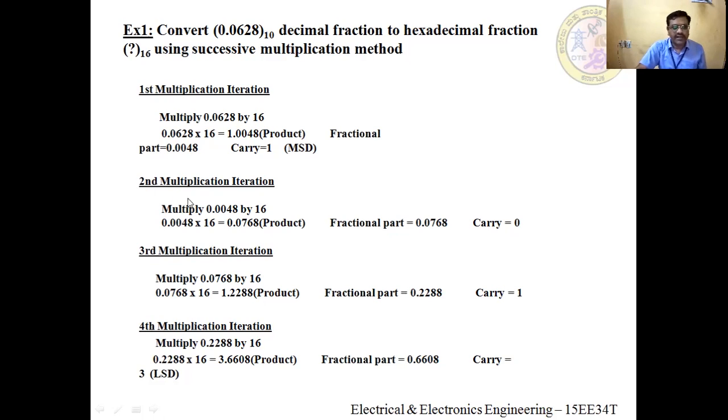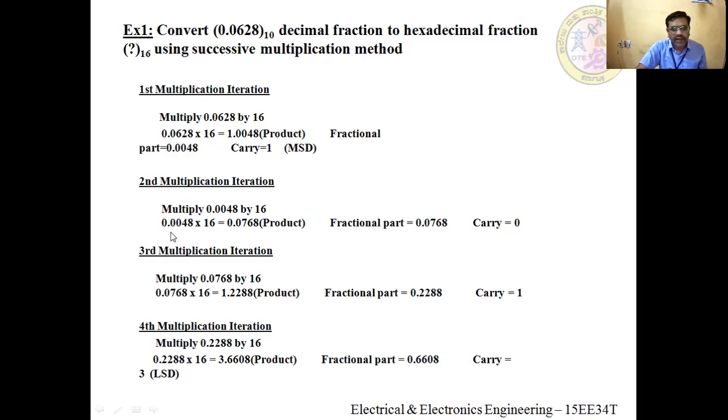Next, coming to the second multiplication iteration. Again, 0.0048 is the fractional part of the first multiplication iteration. Again I am multiplying it by 16.